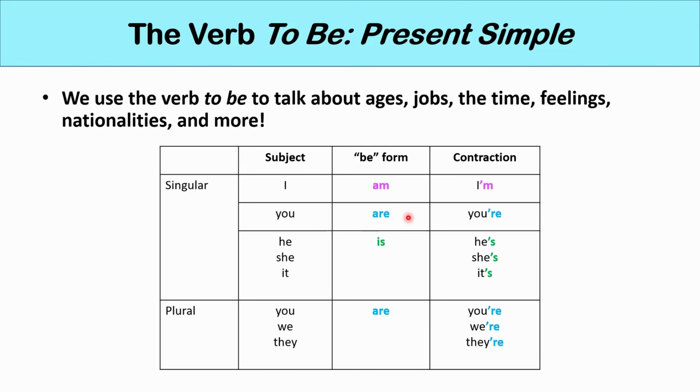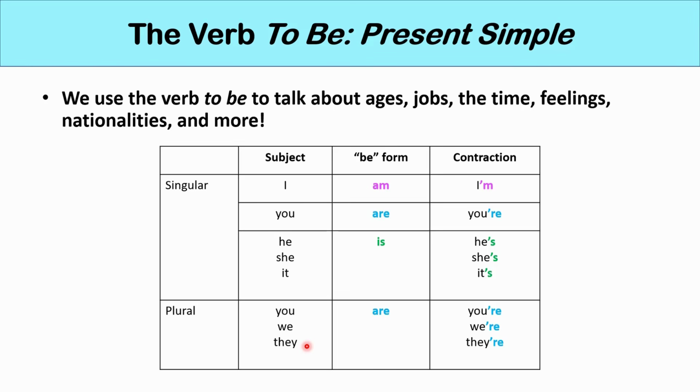You are, you're. He, she, or it, we use is. He is, he's. She is, she's. It is, it's. And these are all the singular form of the verb to be.